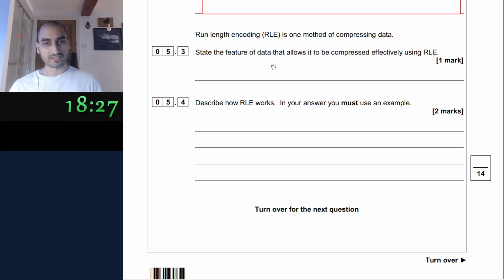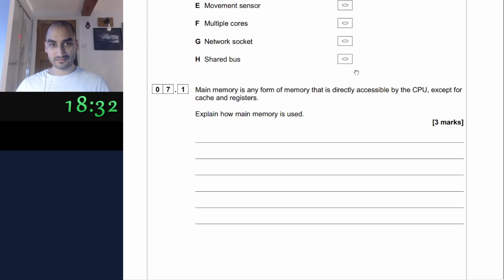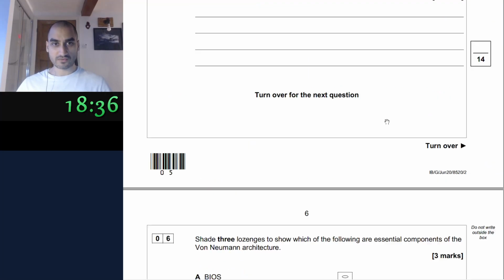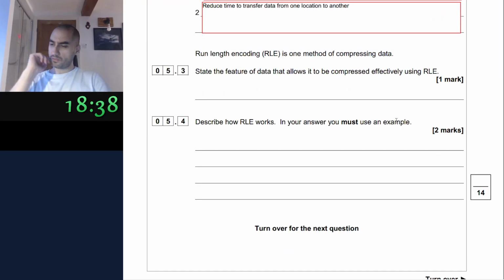Describe how RLE works. Oh no. Can we get any clues from later on? I only vaguely remember Huffman coding. Run length encoding.